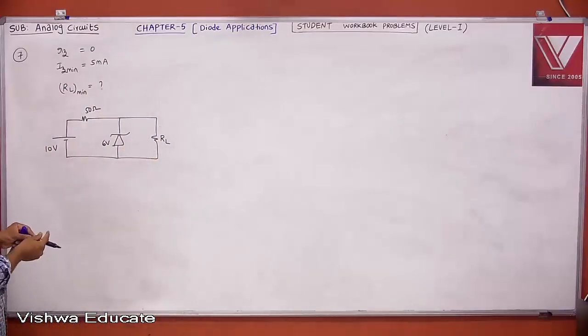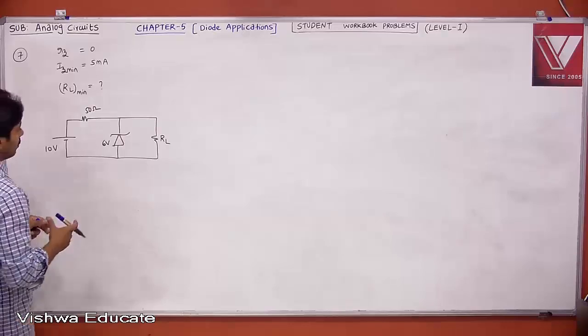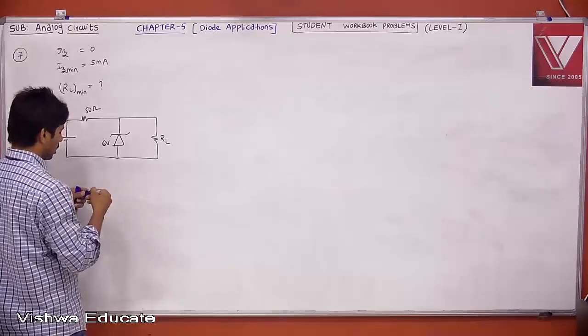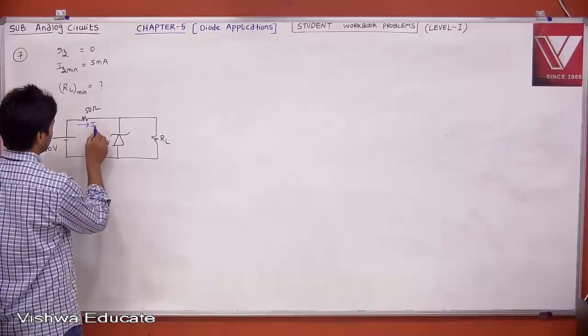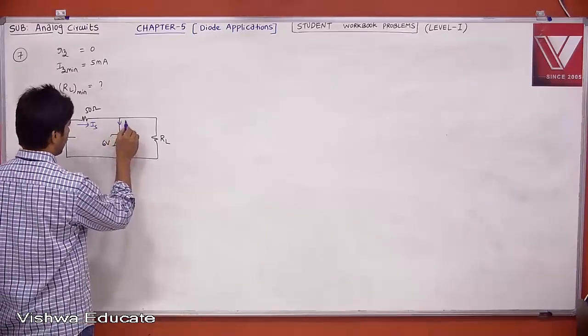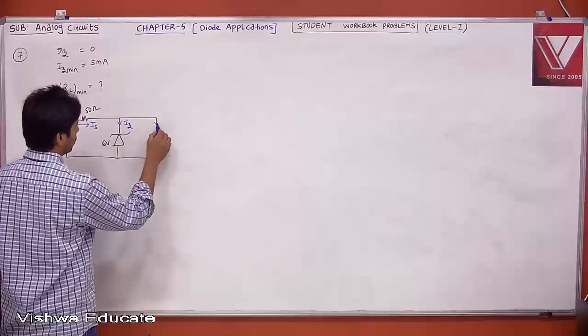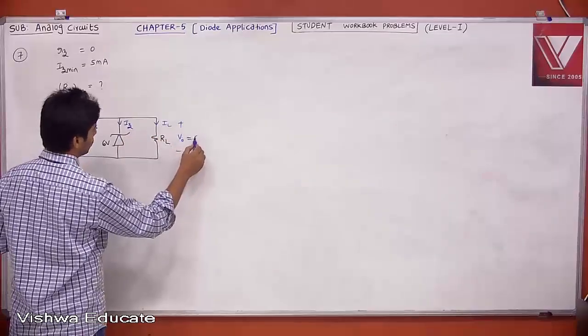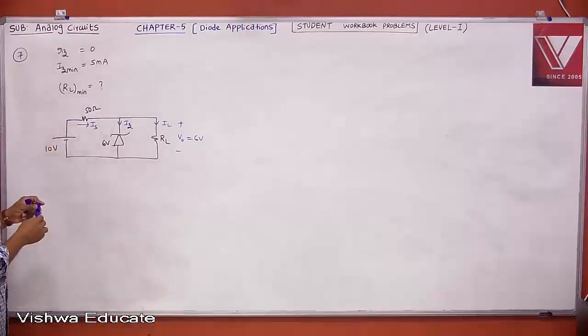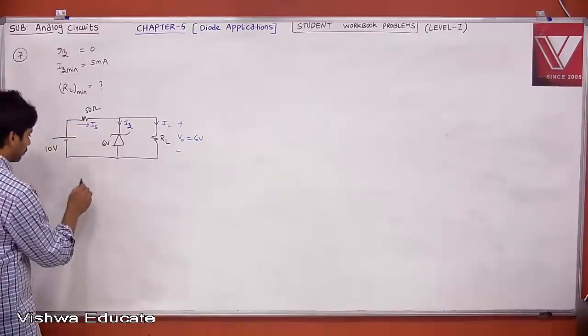That's fine. Now, what do you want to find? We want to find RL, right? First of all, let me apply KCL. This is your IS, this is your IZ, this is your IL, and this is your output voltage, 6 volts, right? Therefore, tell me what is your RL?